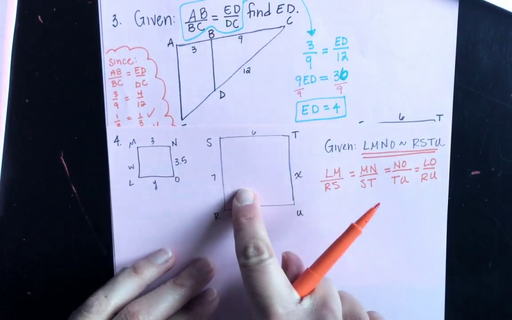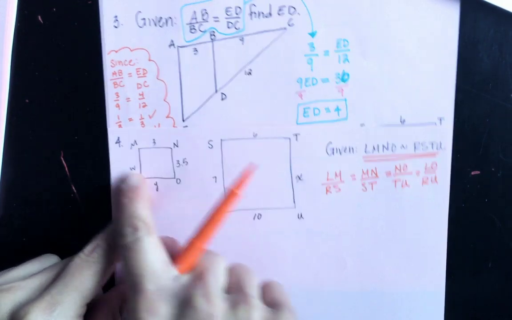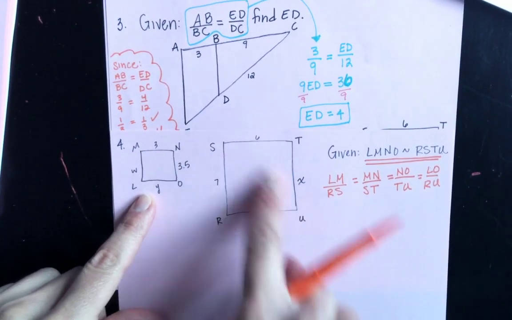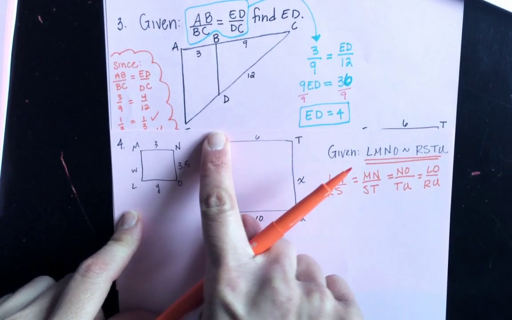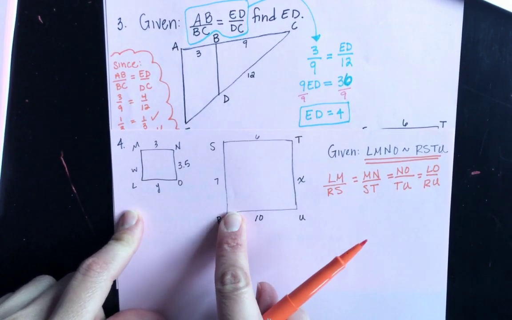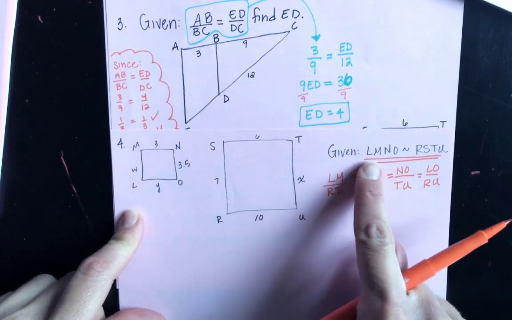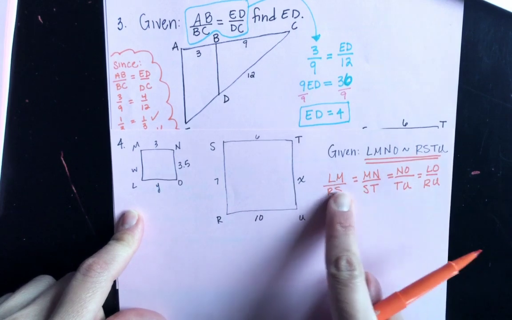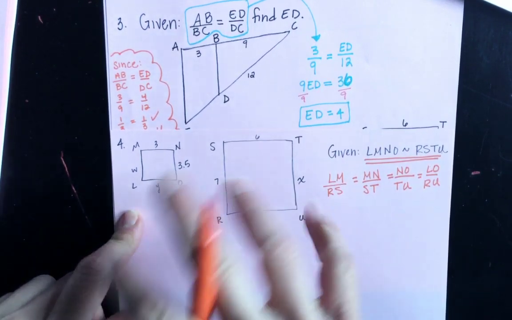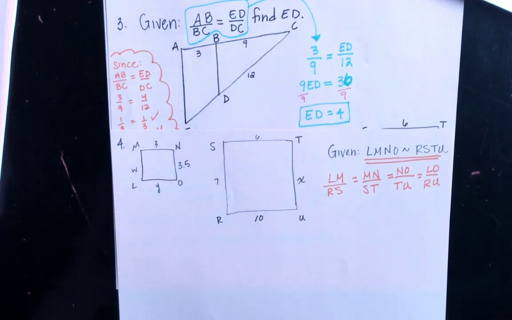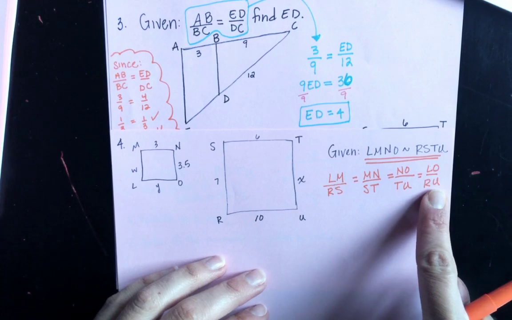I don't want to look at my pictures, because I don't want to get caught up with what if this one was turned one way and this one was turned another way, or it started LMNO and up here was RS, T, and U. I want to be careful that my statement is how I make the proportion, not how the pictures are oriented, how they're turned or drawn. So I use just this statement to write this up.